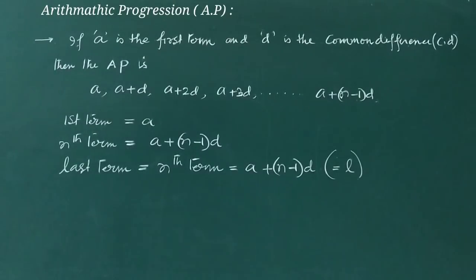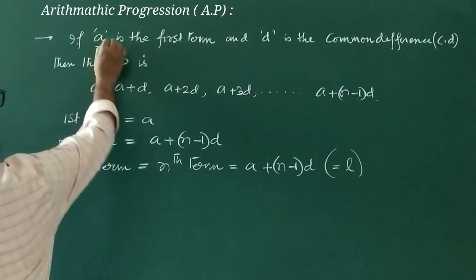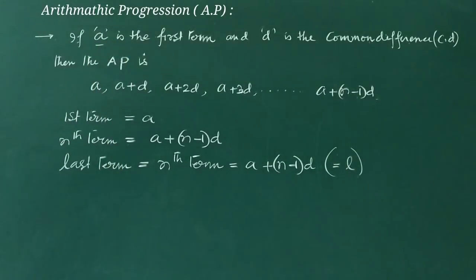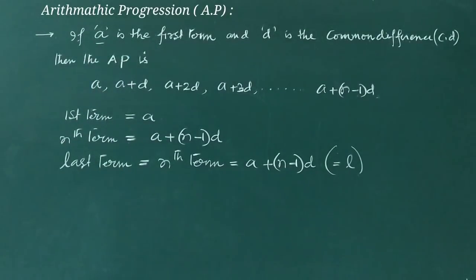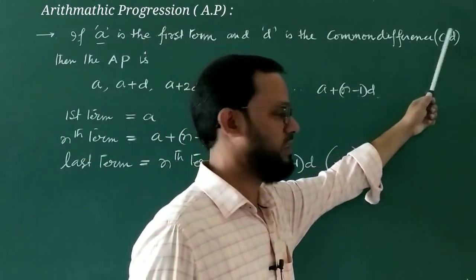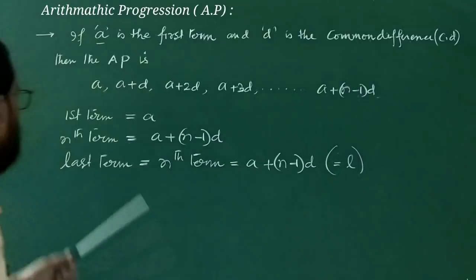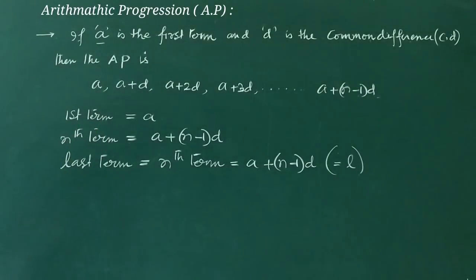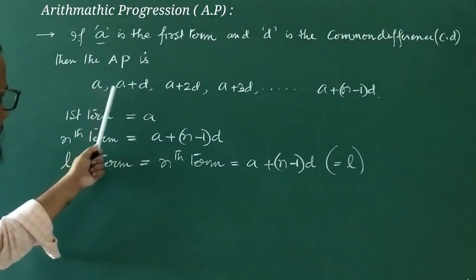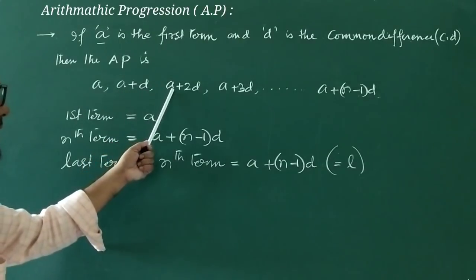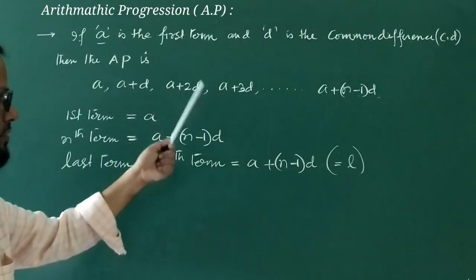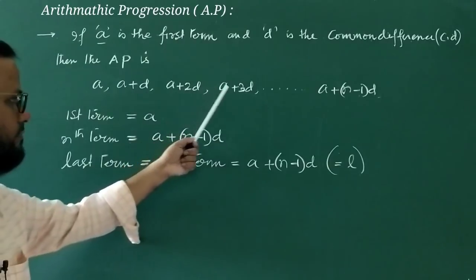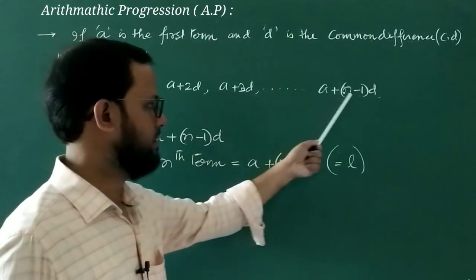If a is the first term and d is the common difference, in short written as c.d., then our AP will be: the first term is a, then the next term is added by d, then the next term is added by another d. In this way we go to the first term, second term, third term, fourth term, and then the nth term.